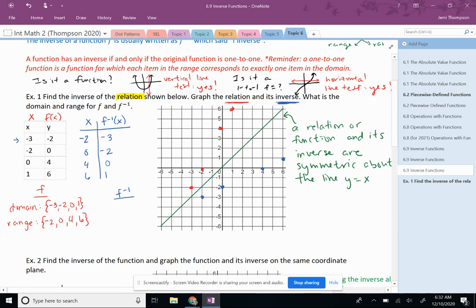So if I look at this table here, my domain is now -2, 0, 4, and 6, and you'll notice that that's the exact same thing as my range for my original relation. All right, and then my range is going to be -3, -2, 0, and 1.